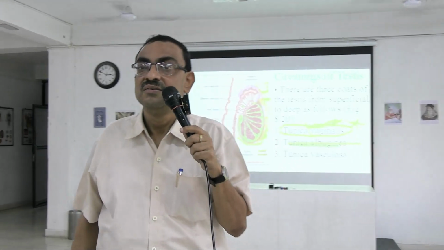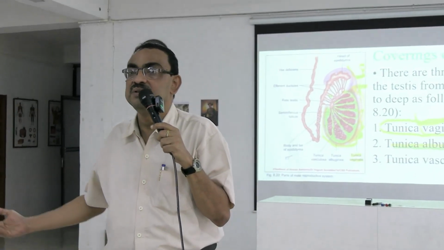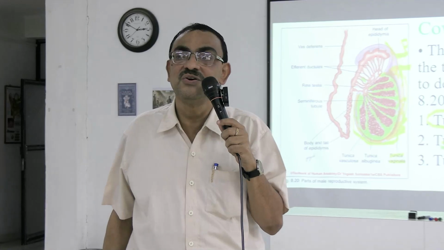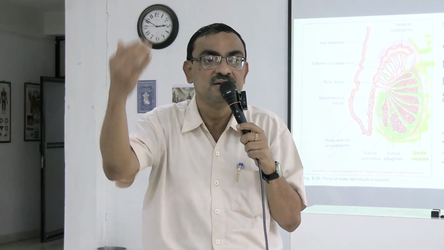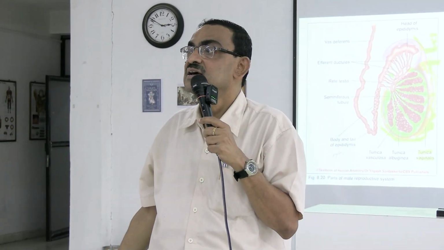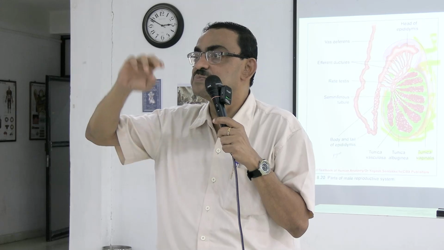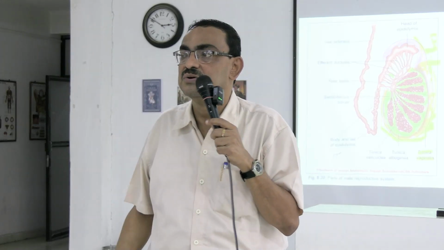And we have some idea with the help of anatomy, with the help of physiology. There are spermatogonium, primary spermatocyte, secondary spermatocyte, spermatids, and then from spermatids to the zoa.